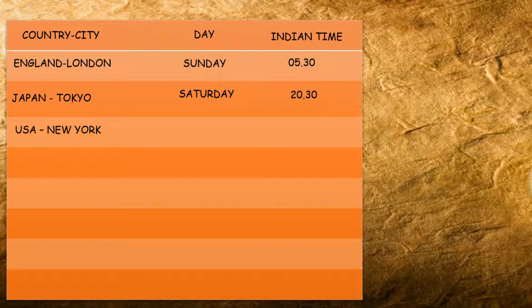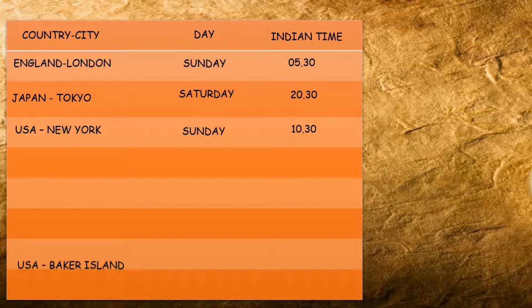Now the next country is USA, New York. When USA, New York was celebrating their New Year, that time it was Sunday and the timing is given 10:30. It means 10:30 morning. So that means Sunday morning 10:30, already the New Year had started in India.